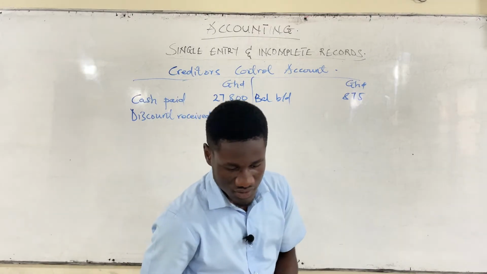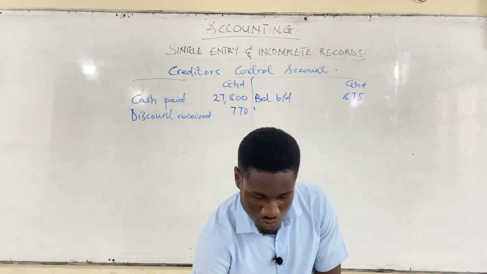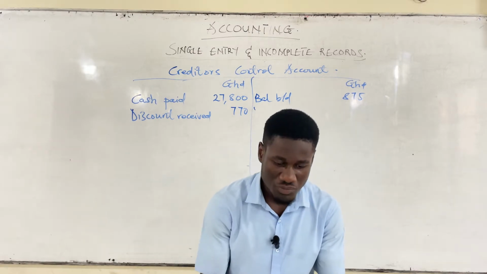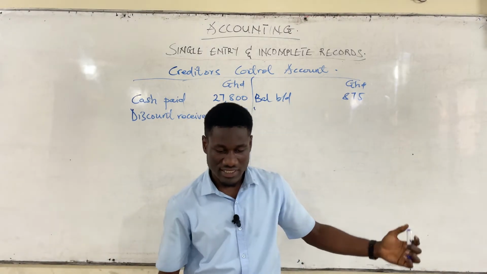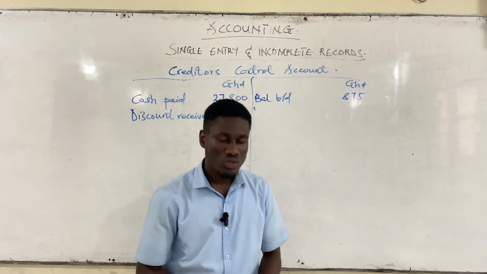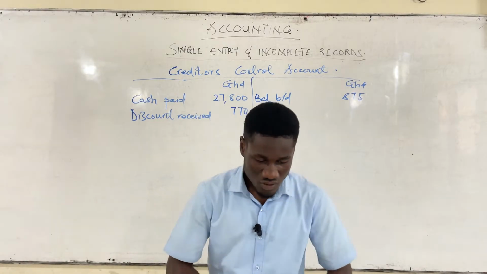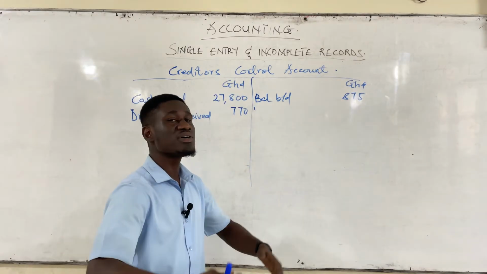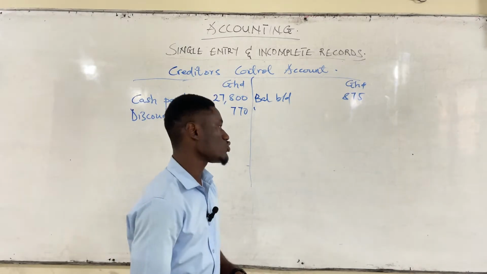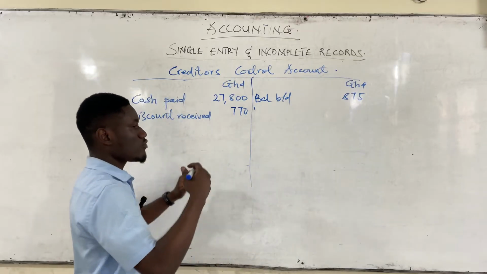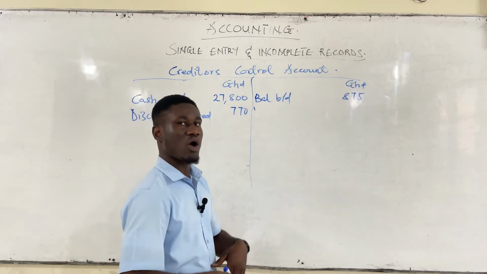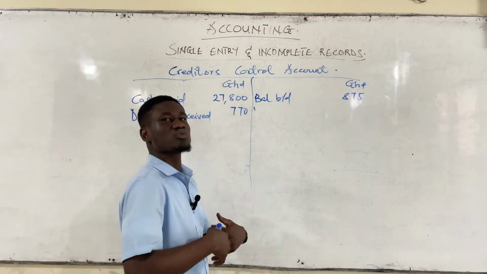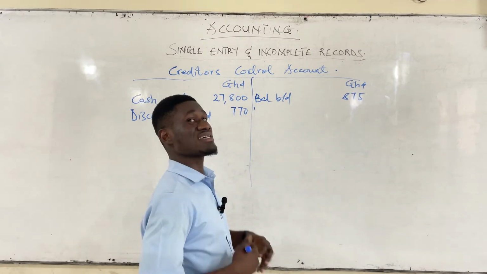Good. Then we look for any item relating to our creditors control account. We have customers returned goods, that's for the debtors, 2,500. Also, 1,250 worth of goods were returned by the business for wrong color. So we return the goods to our suppliers. So if we bought the goods on credit and now we are owing you, and now we return the goods to you, that means that the amount we owe you has reduced.